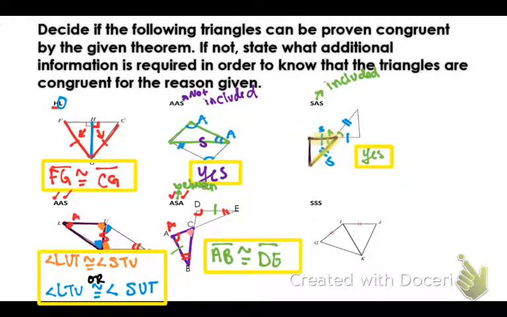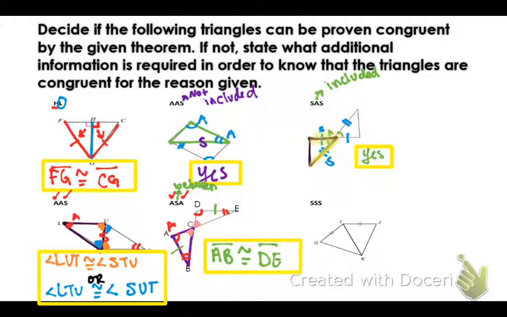Vertical angles. So realistically, you could also have the answer AC could be congruent to CD because that would be angle, side, angle. Or CB would be congruent to CE because that would also be angle, side, angle. So there's like a lot of answers. That won't be like that on the quiz, but just in this picture.